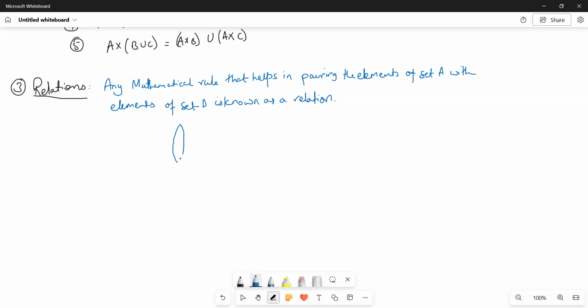Which is to say, suppose we have a set A and we have a set B. Now, set A has a few elements 1, 2, 3, and set B has a few elements 2, 4, 6. A relation from A to B is represented in this form: ARB.